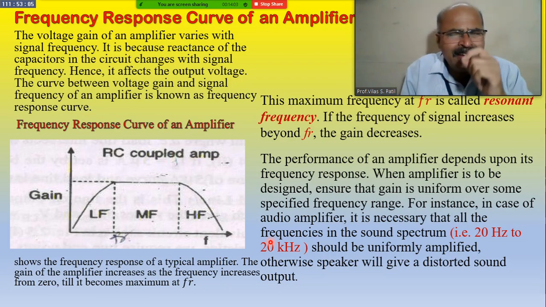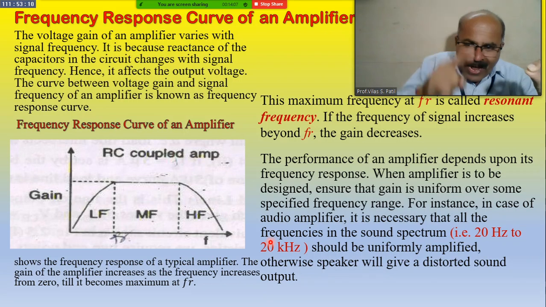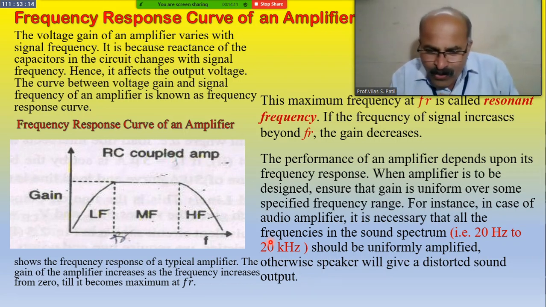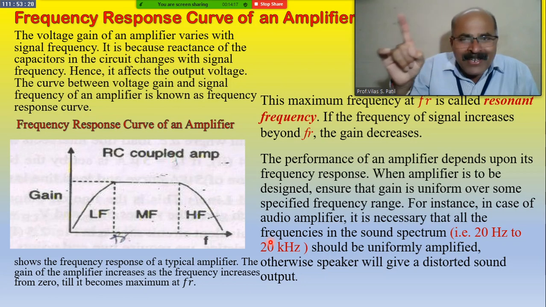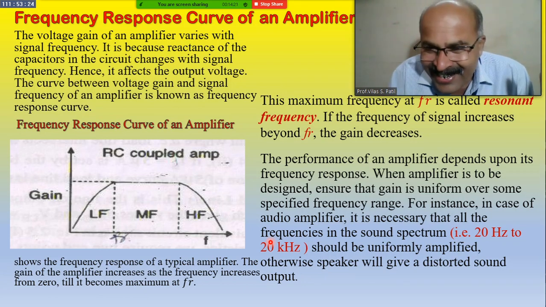This is a very simple method. On the y-axis we plot the gain, on the x-axis we plot the frequency, and that graph will be not a half circle but like a half circle.